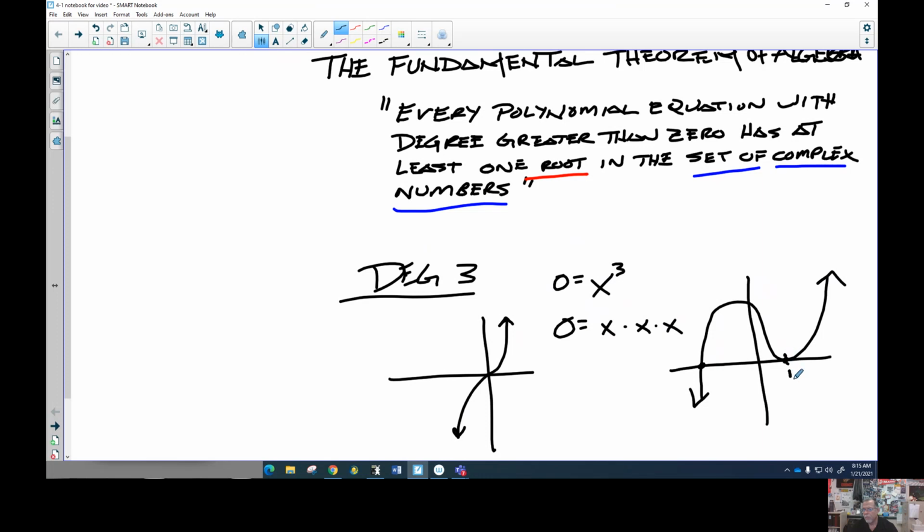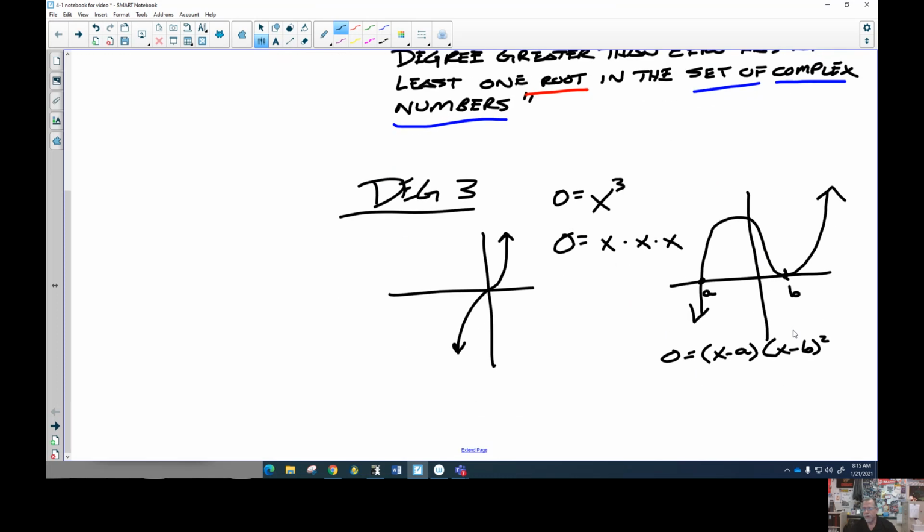If, say, this was at B and this was at A, then this thing would factor as x minus A times x minus B squared. And that would be our polynomial. This would be degree 3 because you'd end up with an x cubed, right? So this would give us that equation. Again, 3 roots because it's a degree 3 function.